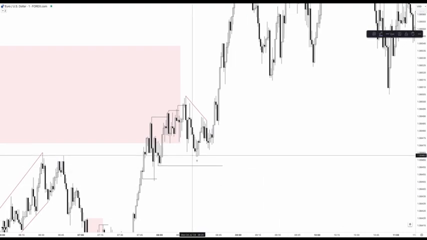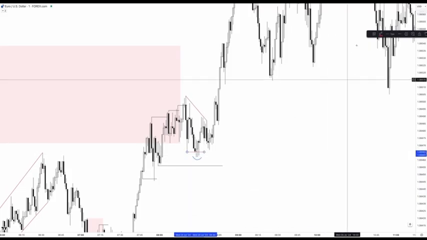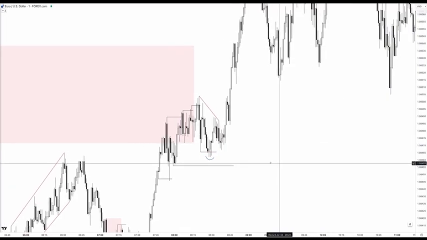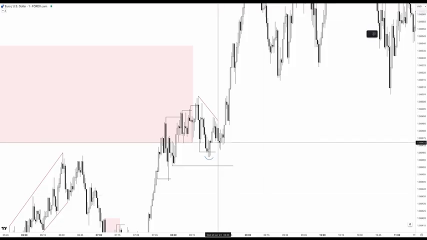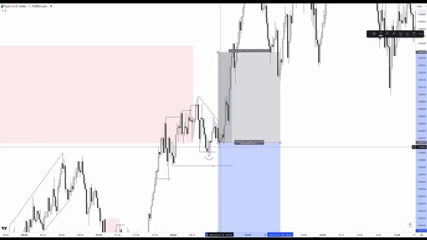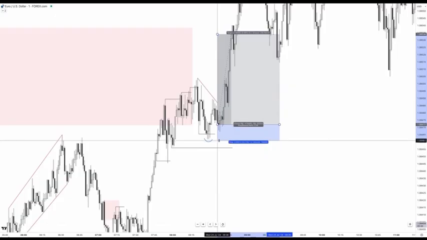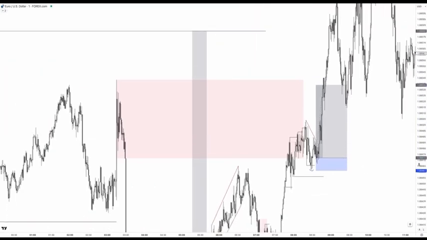Okay, how's a liquidity block? Well, look at that right there. And you can enter anywhere right here, right? And then keep your stops below the low and then take the trade towards the highs.